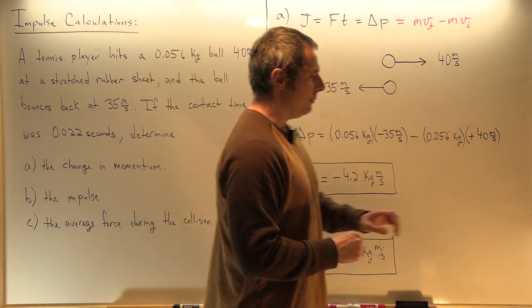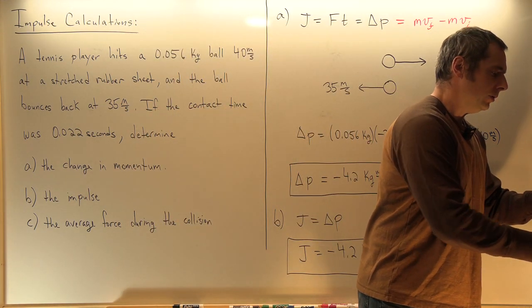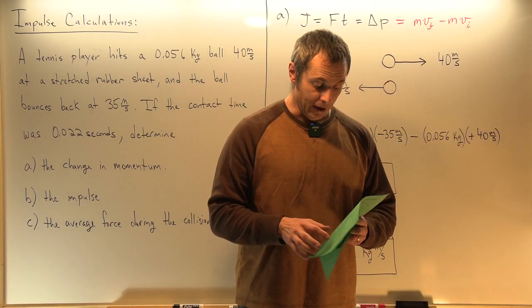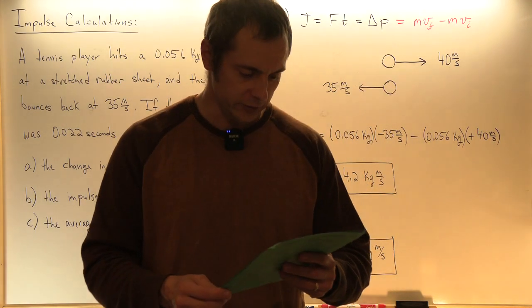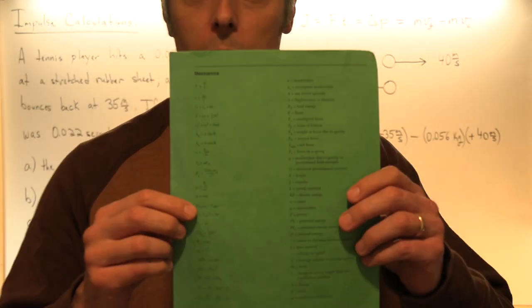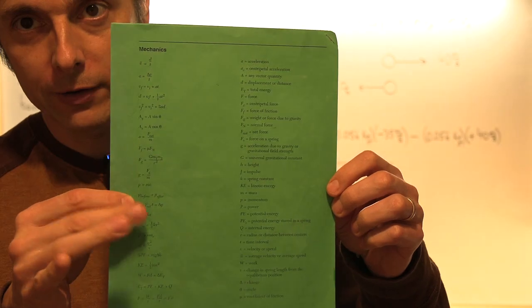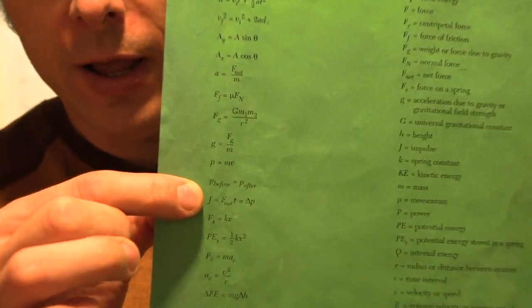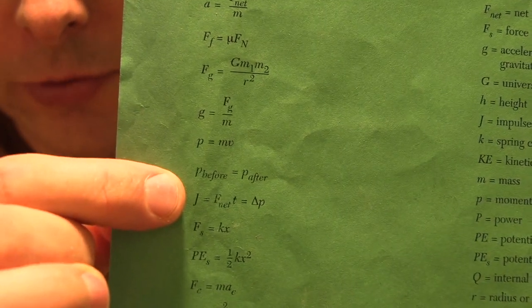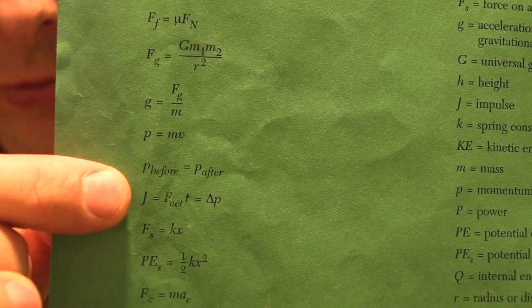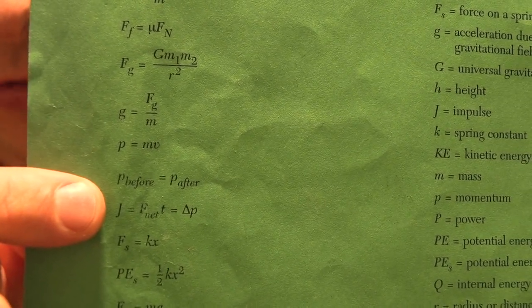So on the reference table, the formula for impulse is on the back, page 6 of the reference table. I just want to call your attention to the fact that it's somewhere around here where my finger is, and you can see J equals force times time, which equals delta P. So we learned that yesterday.